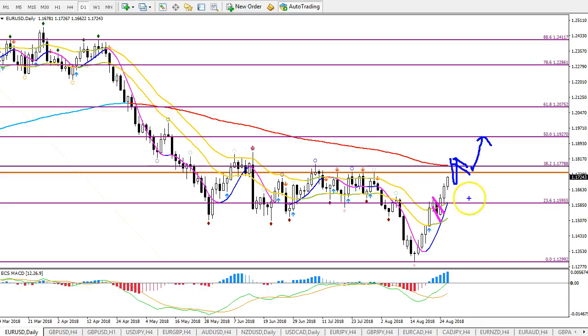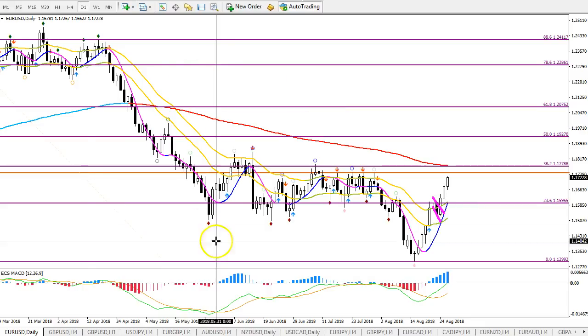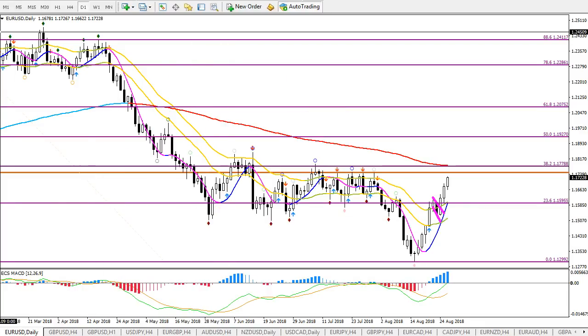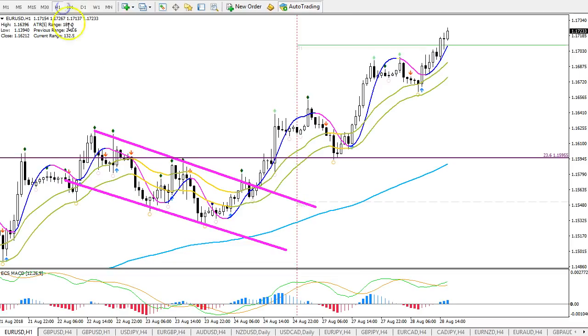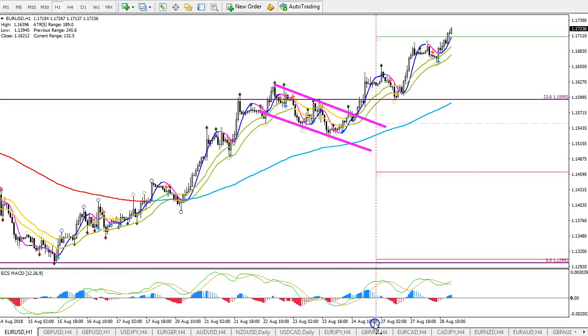If we see on a 4-hour chart, for instance, some bearish candlestick patterns at the 38.2, that could indicate a reversal and the start of a corrective price action pattern back to that support level I mentioned around 115. All right, let's see, anything else on the hourly chart?